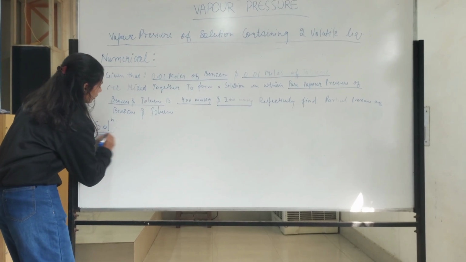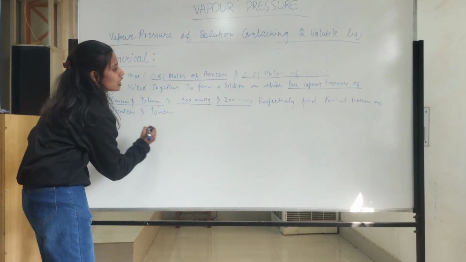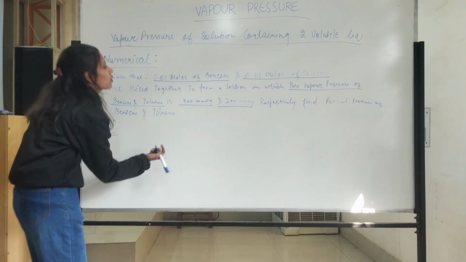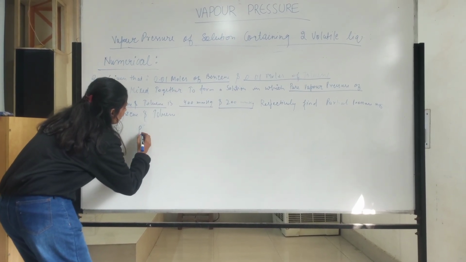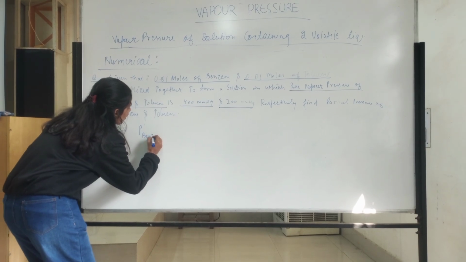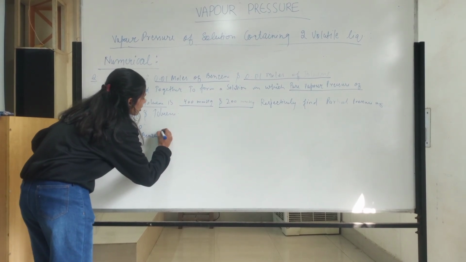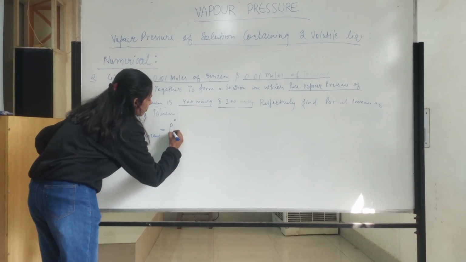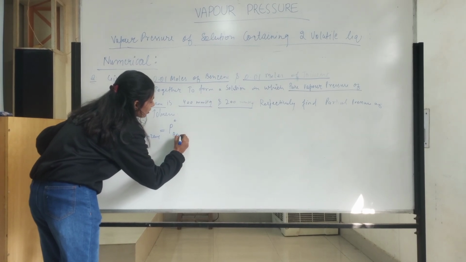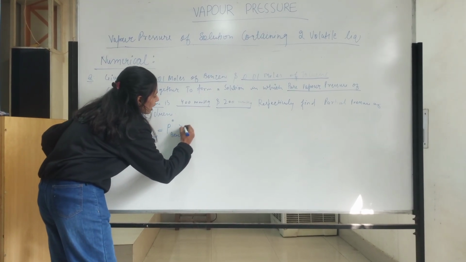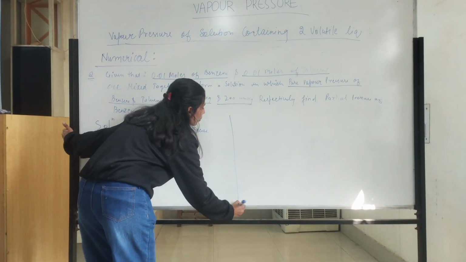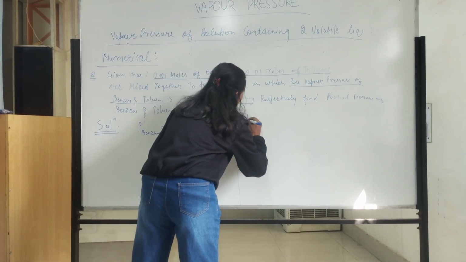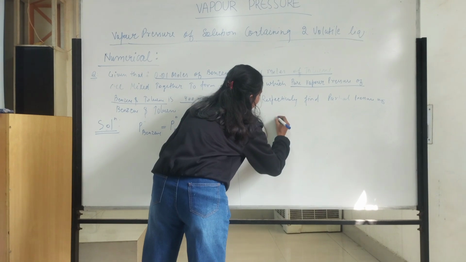So according to Raoult's law, we have the relationship between partial pressure and pure vapor pressure, which is P of benzene, that is partial pressure of benzene, is equal to pure vapor pressure of benzene multiplied by mole fraction of benzene. For toluene, we have the same formula.